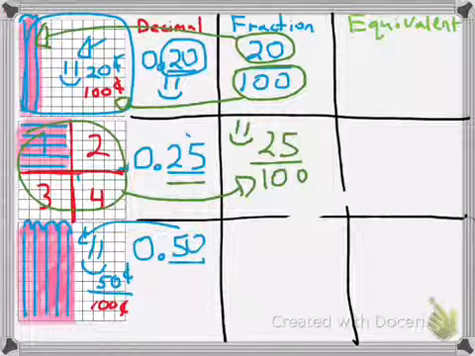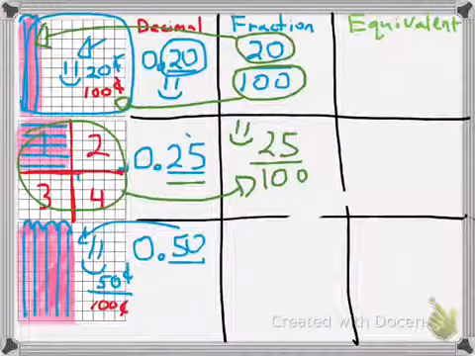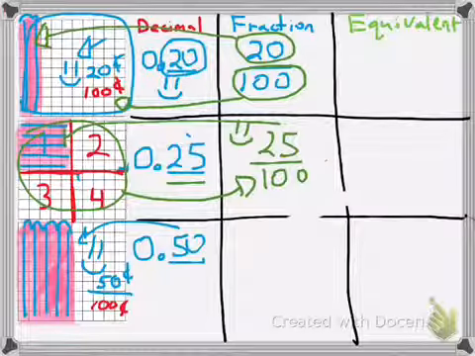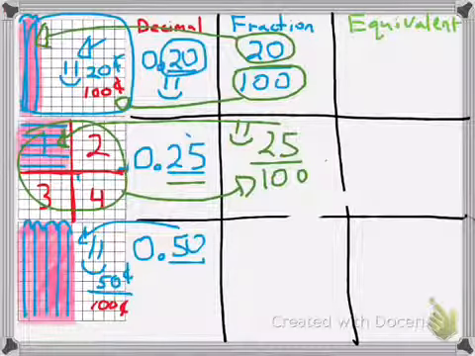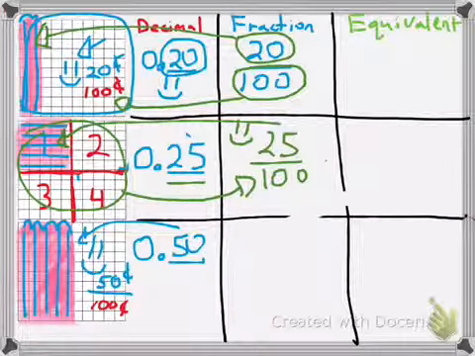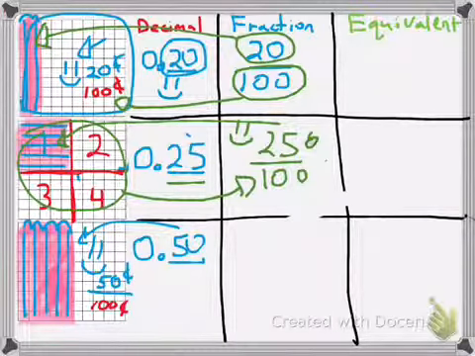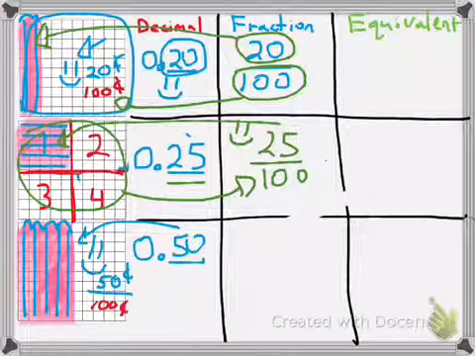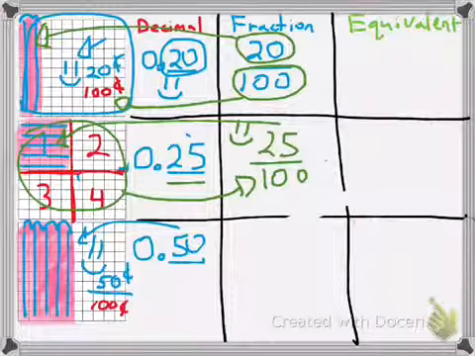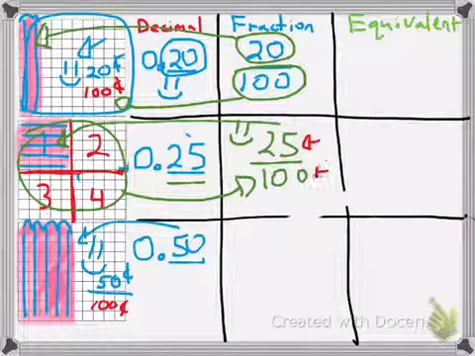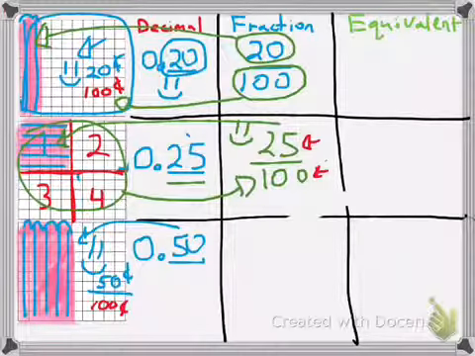So right there we've made a fraction. We said that we have 25 squares shaded in, which comes from the parts that are shaded in there, and we have 100 squares in total. So 25 out of 100 squares are shaded in. And there we have another fraction.